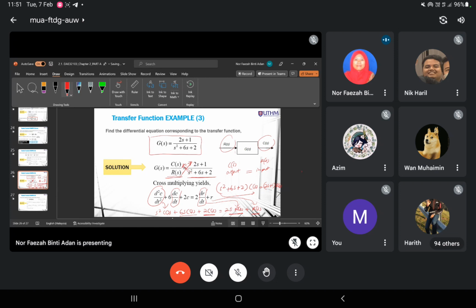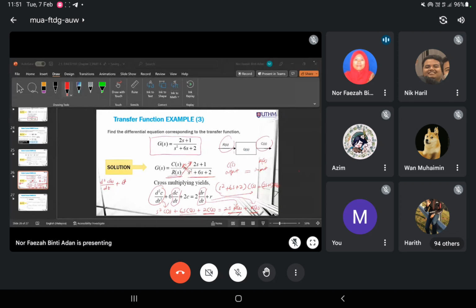It's up to you whether to write it without the T in brackets or with the T in brackets. If you write the T in brackets, it means we are telling the reader the differential equation is in the time domain, and the function is of T. 6 dct over dt plus 2 ct.